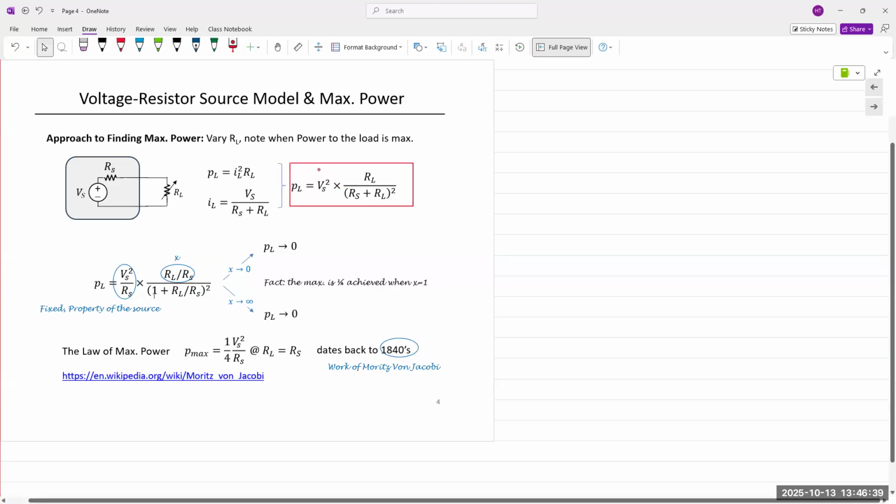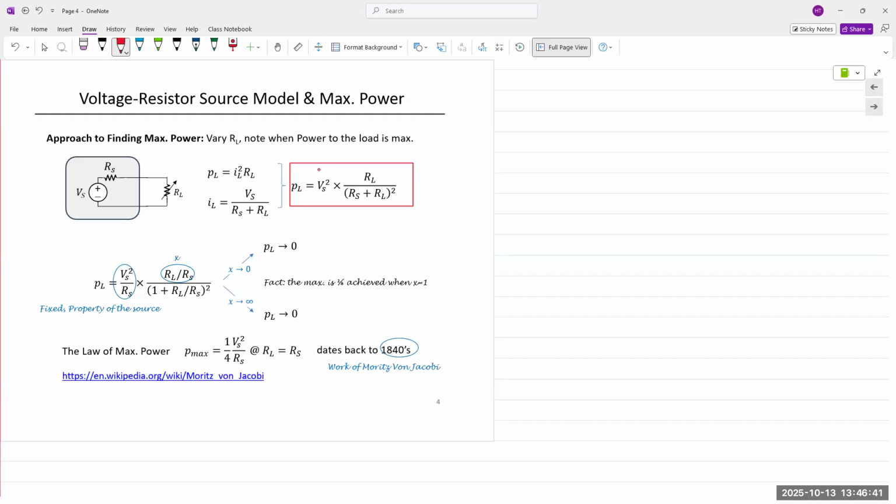So we separate out RL over RS and label it as X. And we can vary the value for RL from 0 to infinity, right? We vary the value for RL from 0 to infinity, and observe where we obtain max power, or what value of RL gives max power.